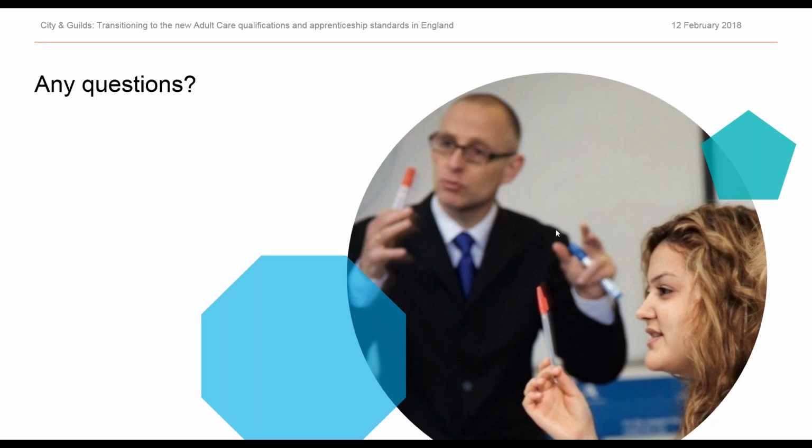There's a question here about can you APL from old diplomas? That's quite an interesting question, and I probably need a bit more detail on that, if I'm honest, because if you're talking about from level 2 to level 2, I would wonder why you would do that.